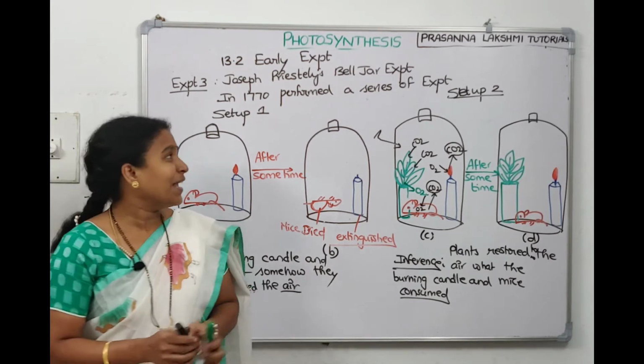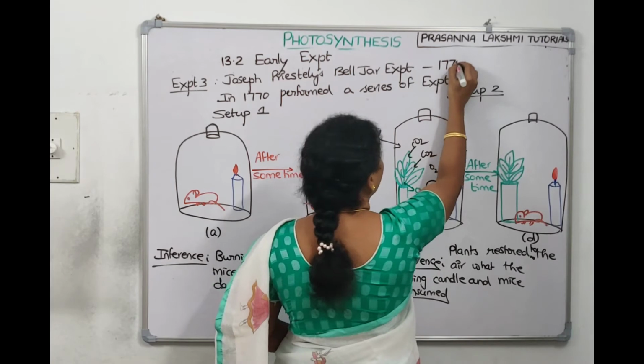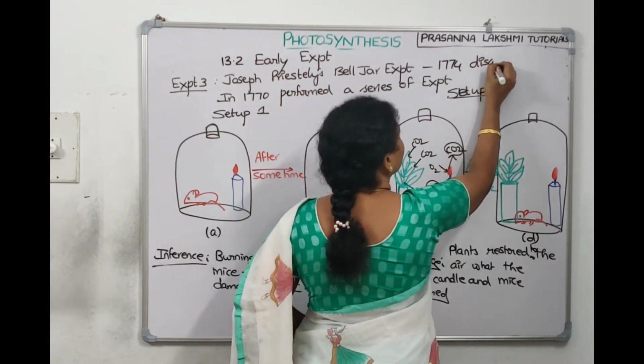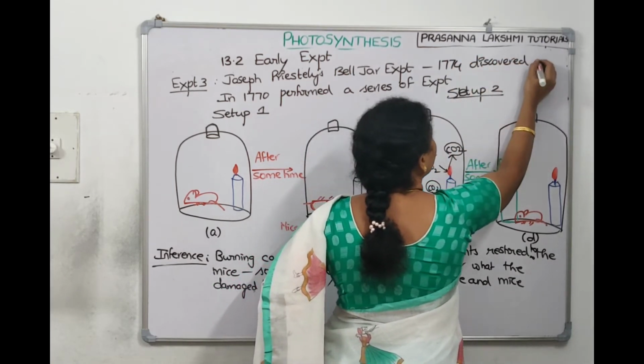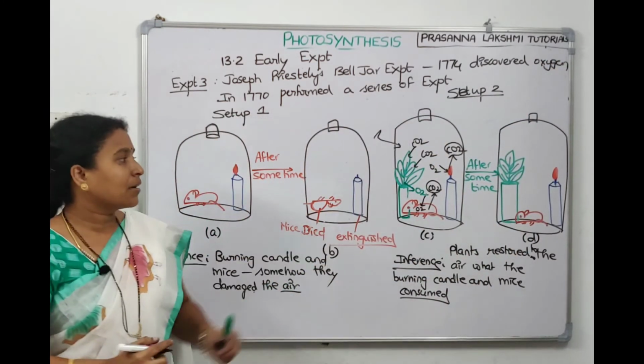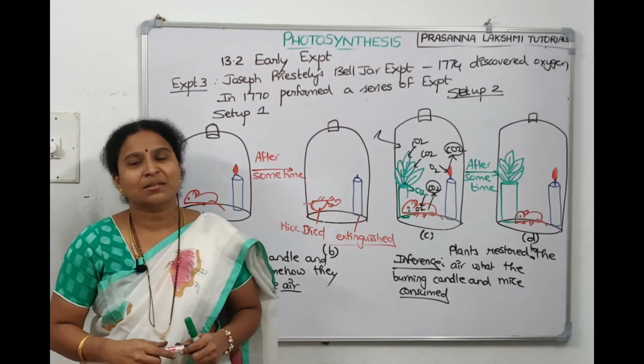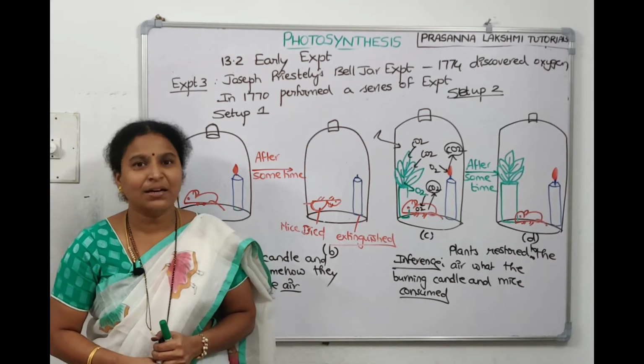Even though Joseph Priestley in the year 1774 discovered oxygen, he didn't know that the plant releases oxygen and that mice and candle consume oxygen. He didn't know that mechanism, even though in 1774 he discovered oxygen.